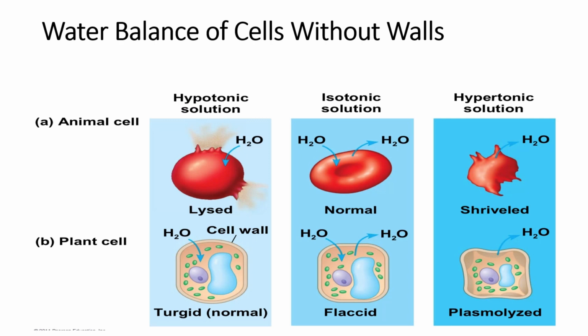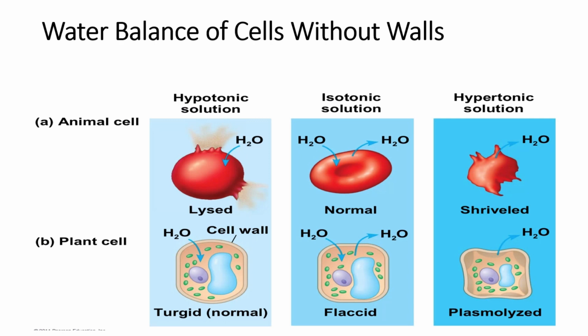This is the salt concentration of whole blood. If you were to take a red blood cell and put it into a beaker or a test tube where the salt concentration was 0.9, nothing would happen to that cell. The cell would be perfectly fine.